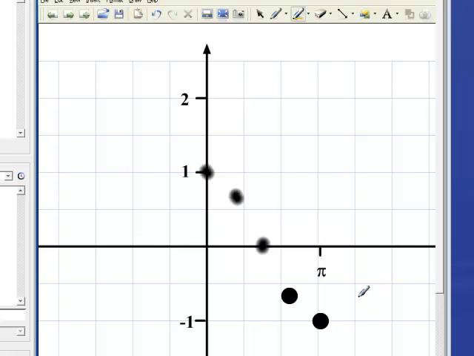Then negative 0.7 is approximately, let's see, here. And then 0 is going to be here, close to 5. And then 0.7 is approximately here.